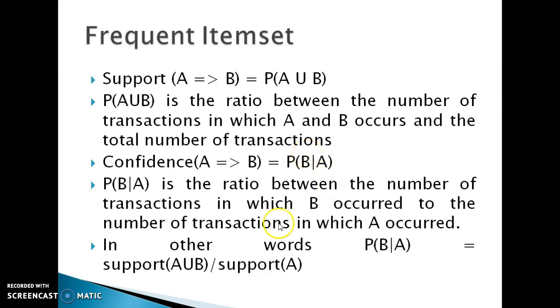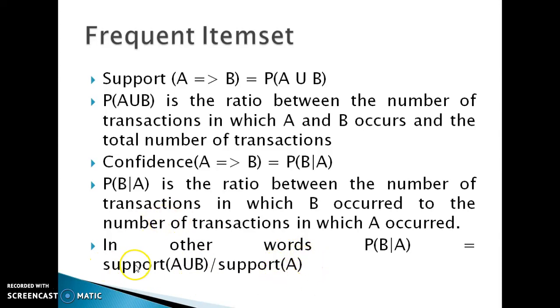In other words, for conditional probability the denominator carries the condition, that is, the number of transactions in which A occurs. So it is given as the number of transactions in which A union B occurs divided by the number of transactions in which A occurs.